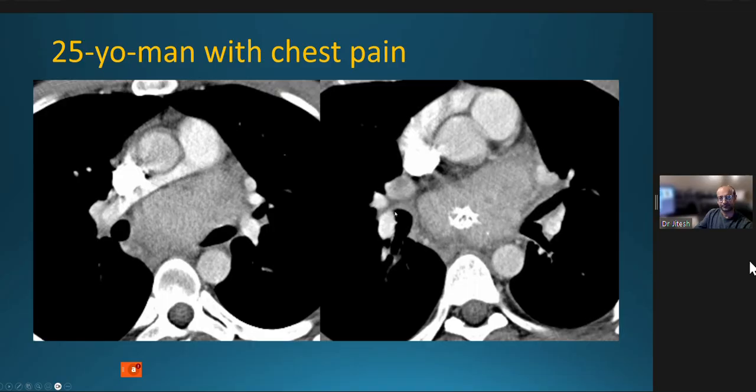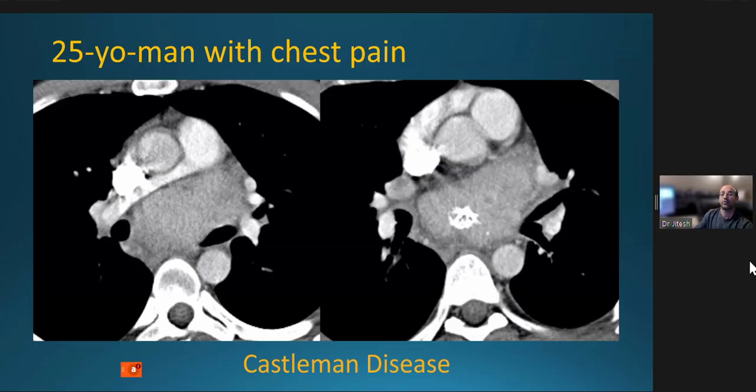It looks very hypervascular again on CT. So the differential diagnosis again: could this be a paraganglioma? Yes, it could. Could this be hypervascular lymphadenopathy? Yes, that's possible. One thing we should think about when we see a hypervascular mass in the visceral mediastinum is Castleman disease.